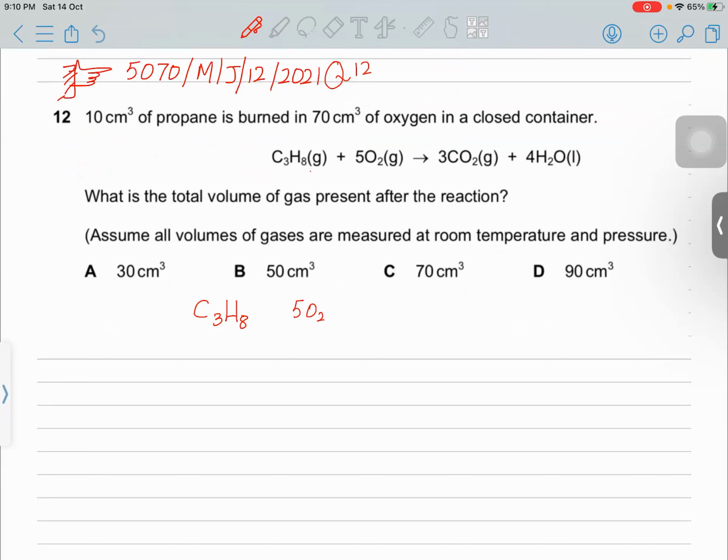So you can see that all are gases. These three are gases. So first 10 cm cube of propane, 70 cm cube of oxygen.